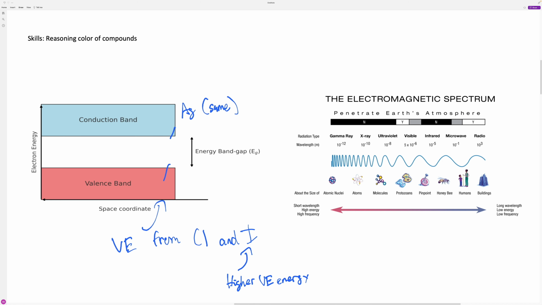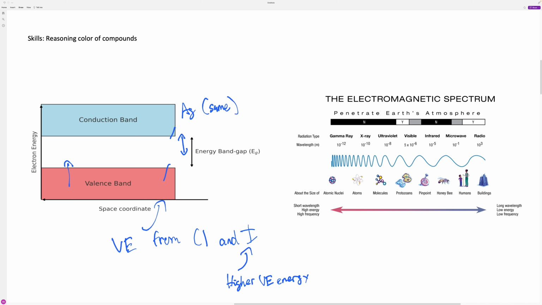And when a substance has an anion that has a high energy for its valence electrons, that valence band is going to shift upwards in energy, and that's going to make this energy band gap, or Eg, smaller.